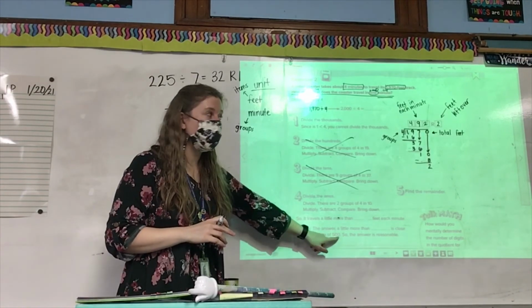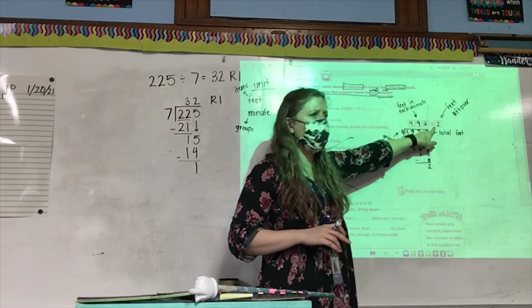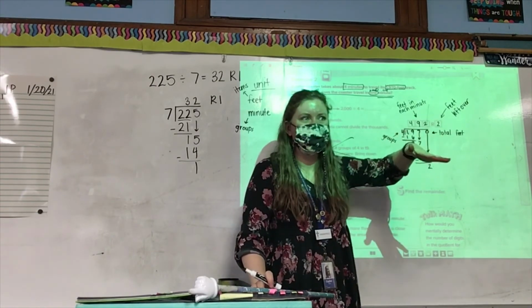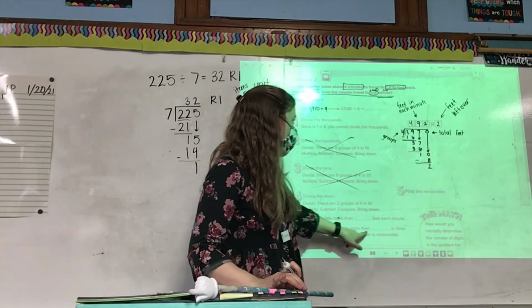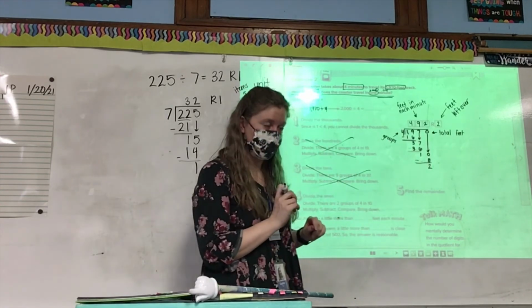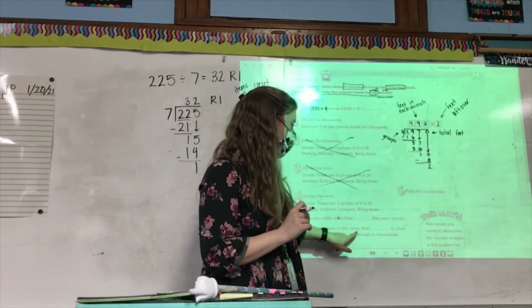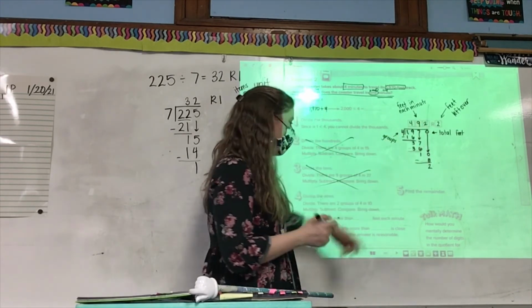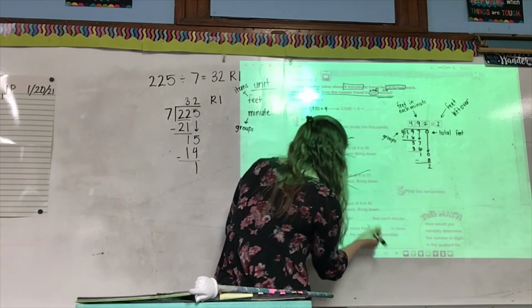So that means the answer is not, we never add the remainder to our quotient. We never do that. So the answer is not a little more than 494. It's just a little more than 492 feet each minute.